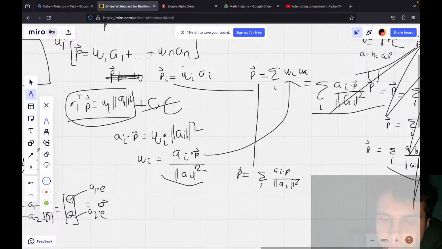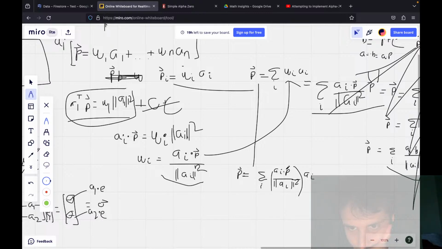This whole thing is a scalar, not for P, because that's recursive, but for AI. Great.